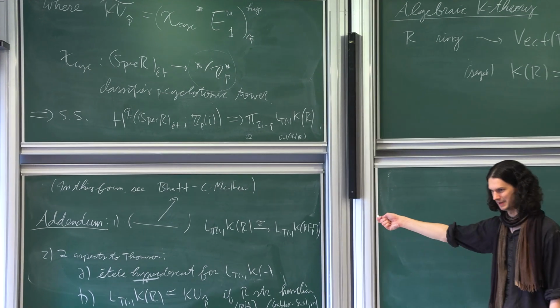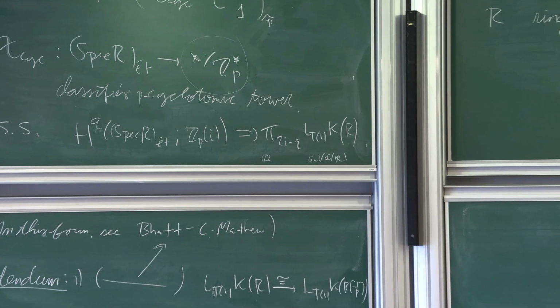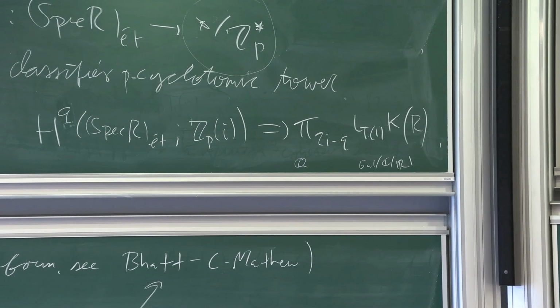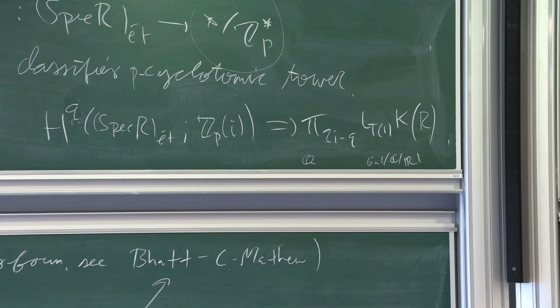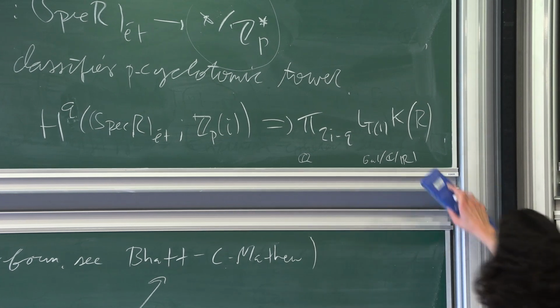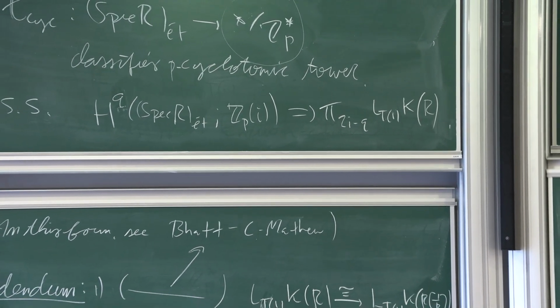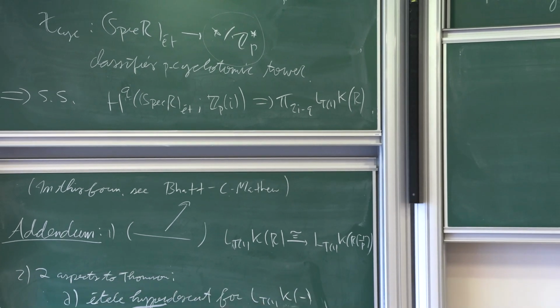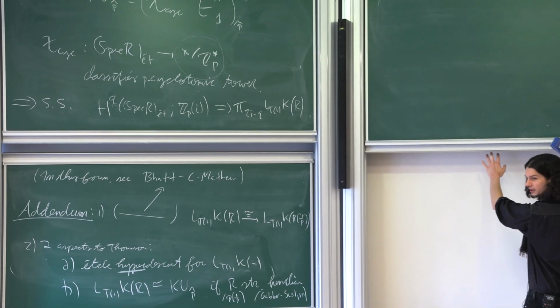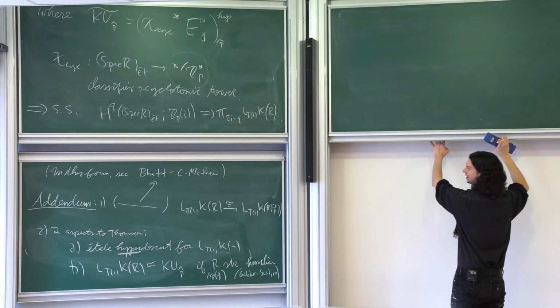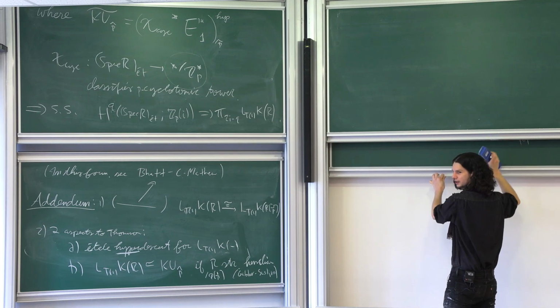But when you go to the E3 page, all but finitely many of them vanish, and that's the kind of thing you have to check. And this is also true for other fields of this type.